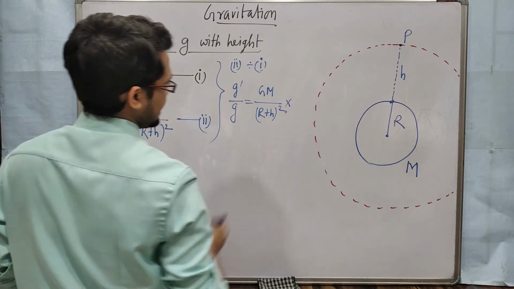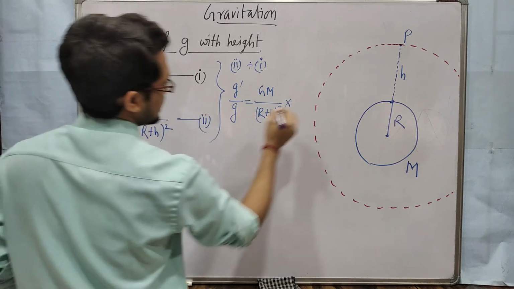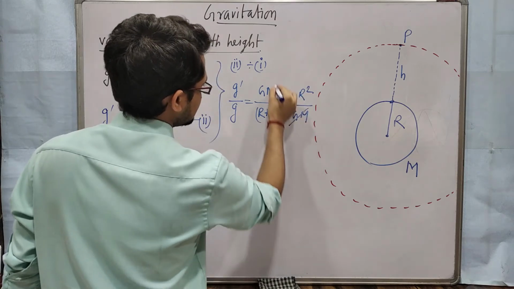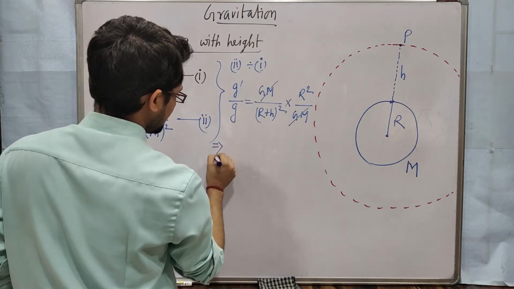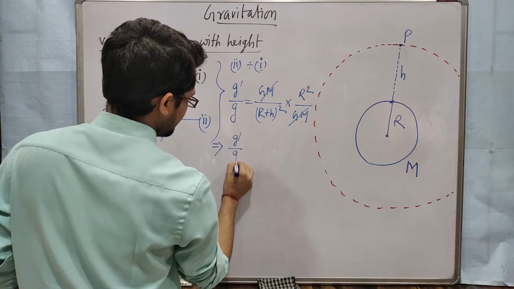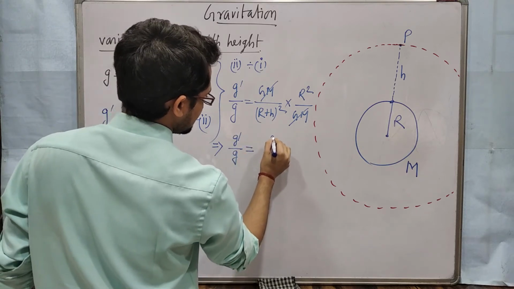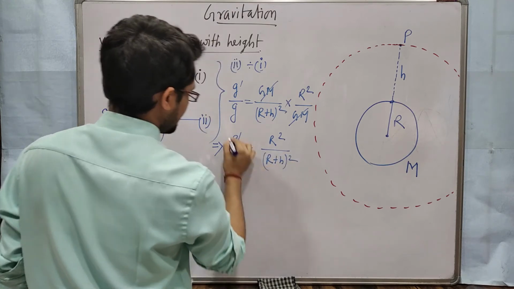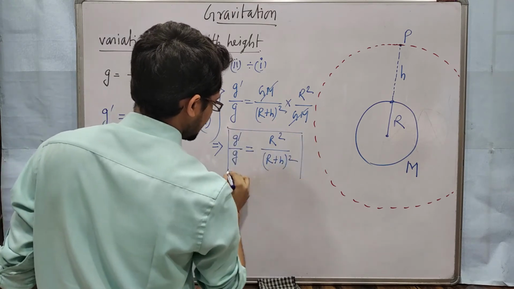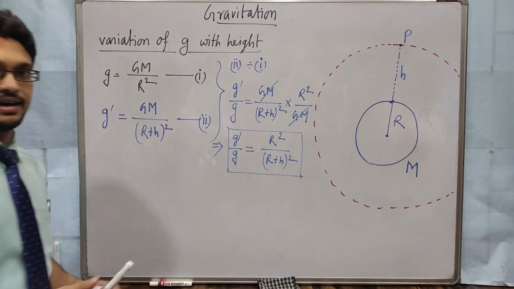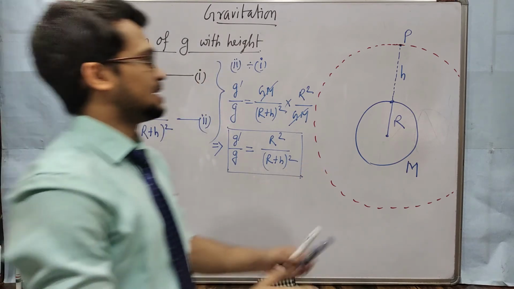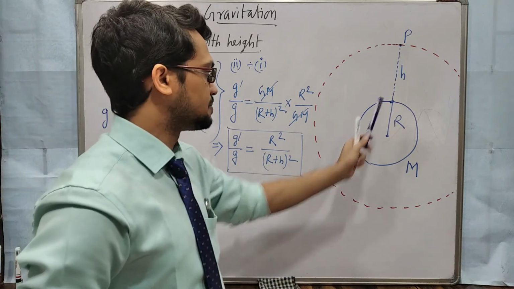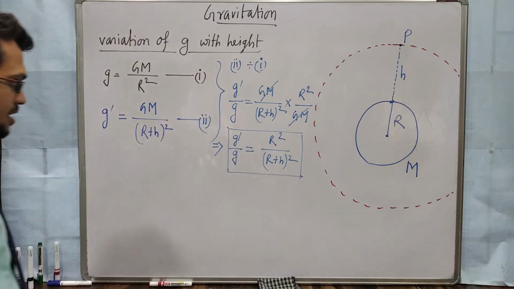When we want to write in multiplication form, we have to take the reciprocal, so R square by GM. GM cancels out. So we get g prime by g equal to R square by (R plus h) square. This is the required equation for finding gravitational acceleration at some height, where height is measured from the surface of earth.